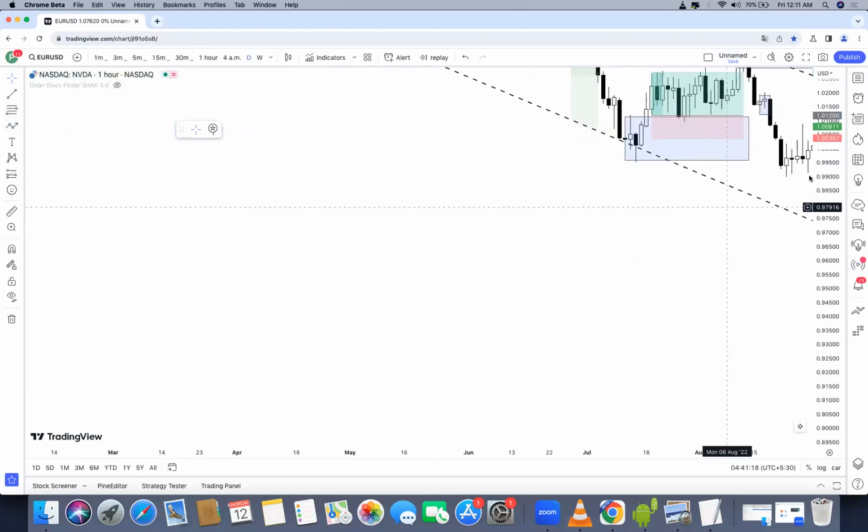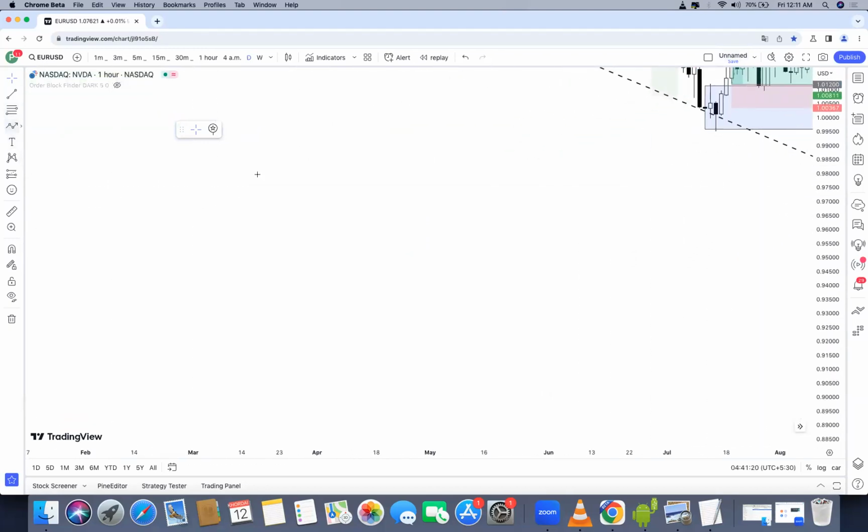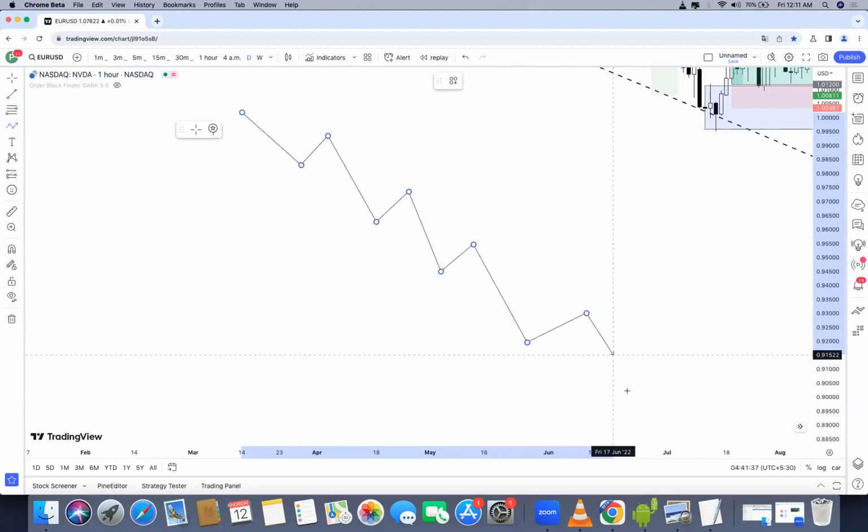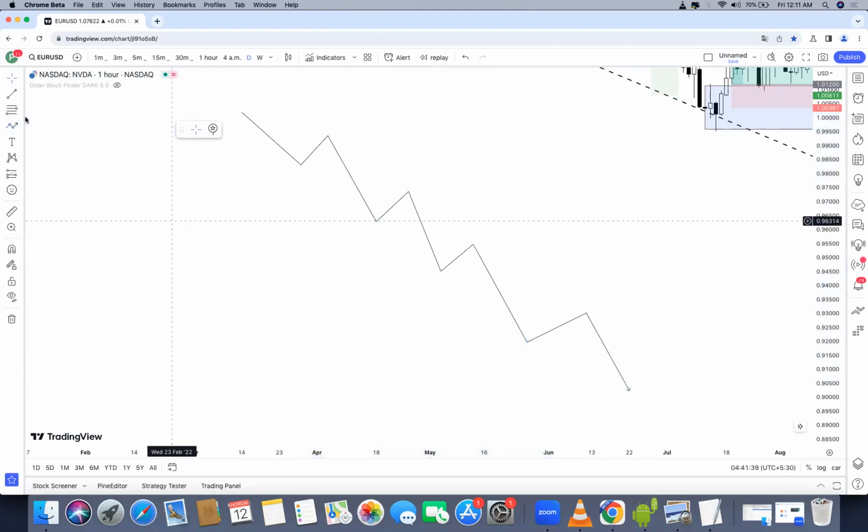Let me go into a blank space and do more illustration. So we have the price coming from the supply zone, dropping down, making lower lows and lower highs, and dropping to the lower zone.